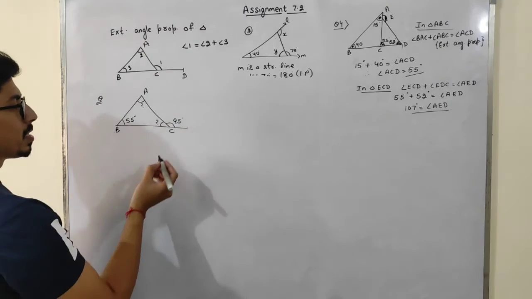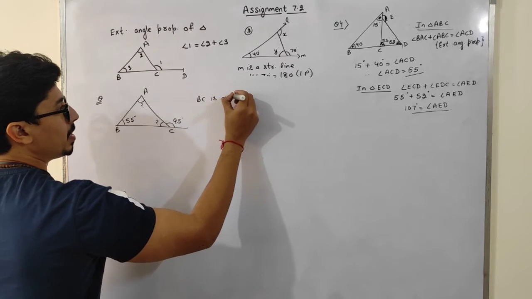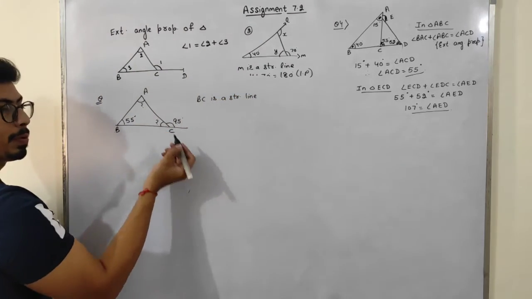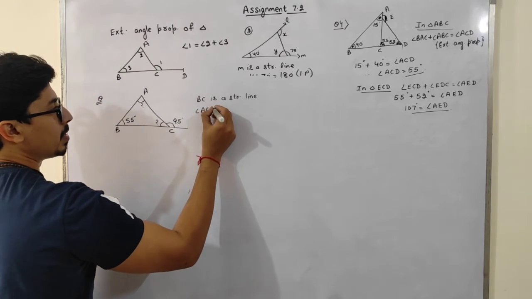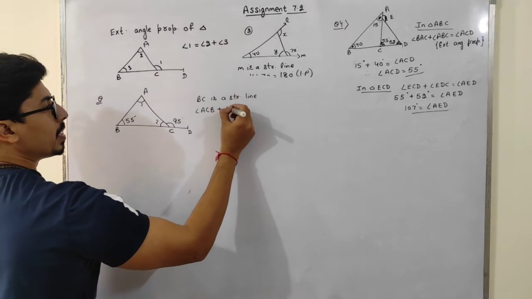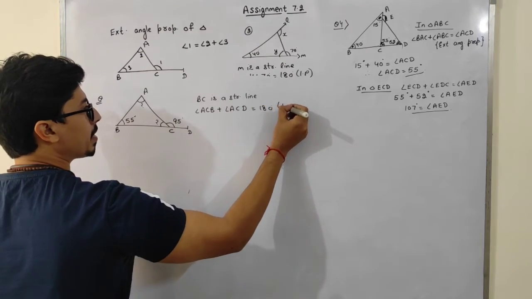Okay. Now students, see, BC is a straight line. So I can say the sum of these two will be 180 degree. So angle ACB plus angle ACD, if I say this is D, the sum of these two will be 180 degree because of the linear pair.